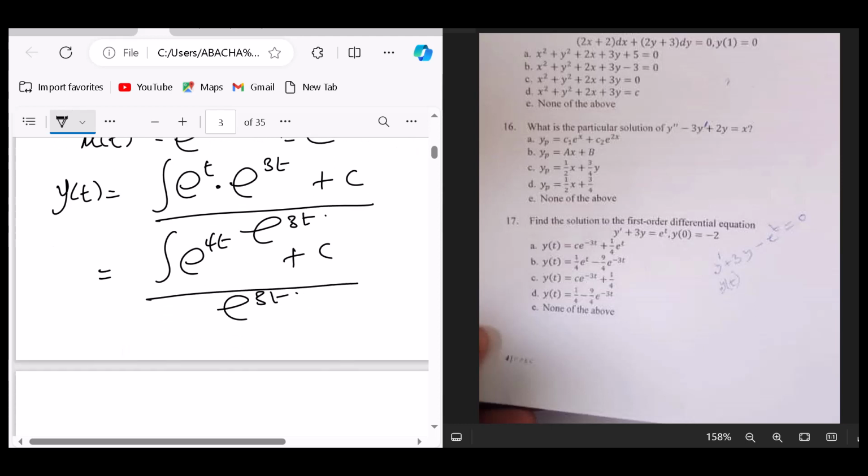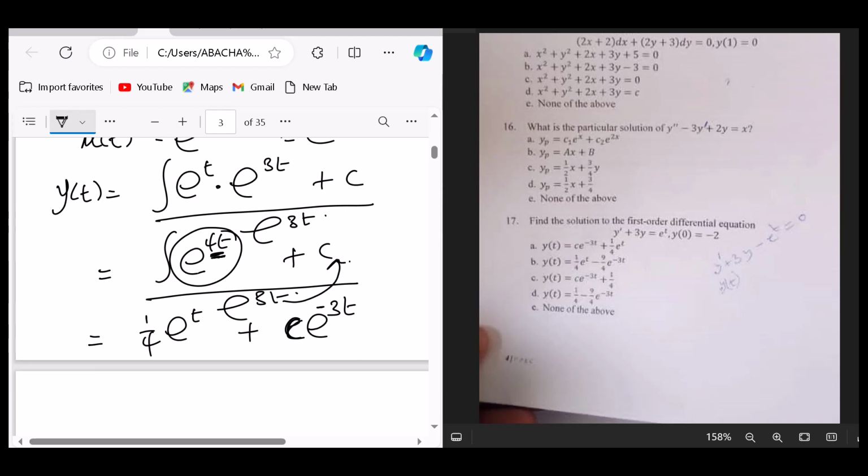And now we do this, we get 1 over 4 e power t plus c e power negative 3t, but this is negative because it's coming down. When we integrate this, we get 1 over 4, then the whole function. Okay, it's just like you write the function divided by the differential of the power here.